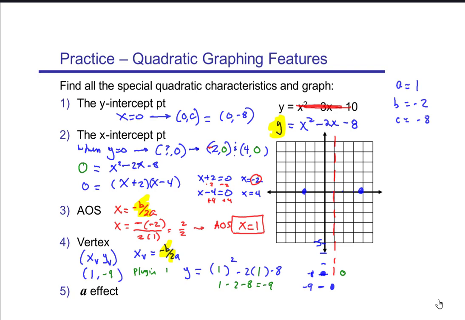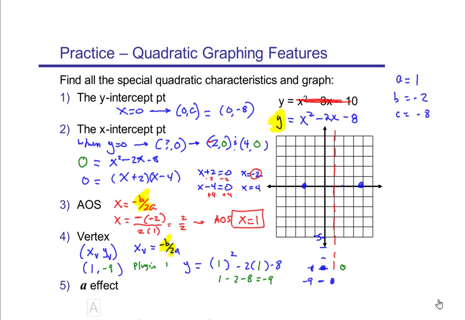Now, because we were able to produce so much with the first 4, we don't really need too much about A. The A number, let's go back to green. A equals 1, which is positive. So the parabola is going up. We know that already. And also A is a 1 coefficient.